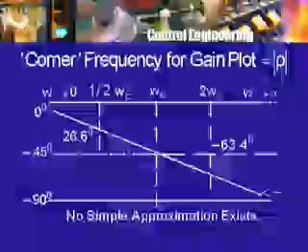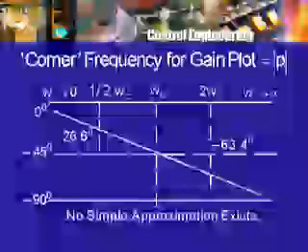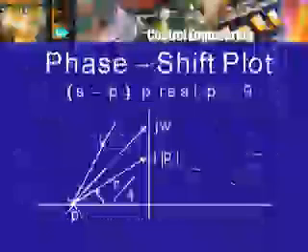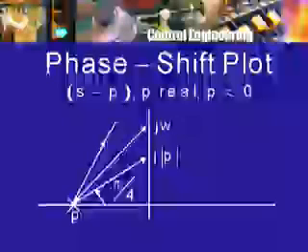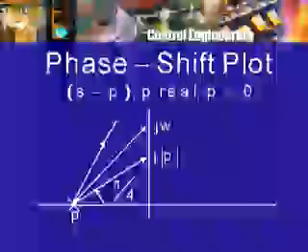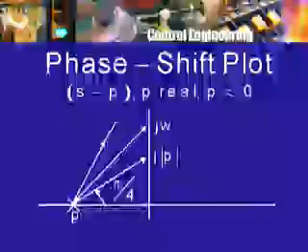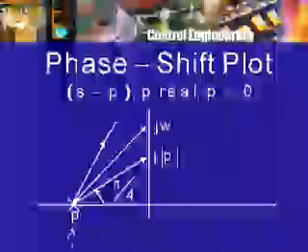What is the variation in between? Now, one can easily see that when p is equal to omega, or omega is equal to the absolute value of p, that is when this line is equal in length to this line, that is omega corresponds to the absolute value of the pole, which is of course the corner frequency. What is this angle?